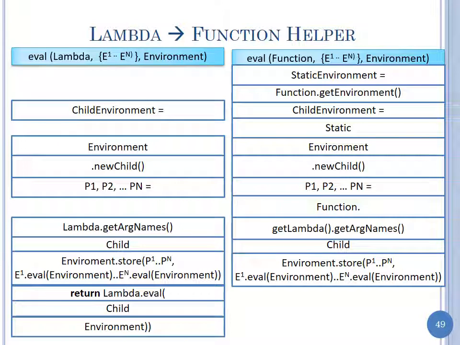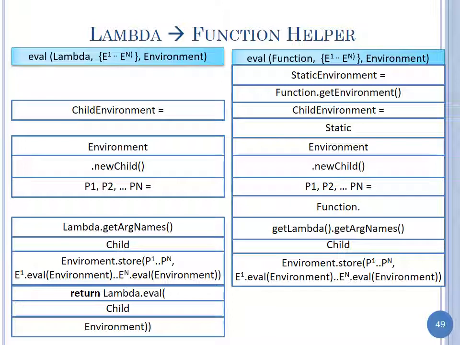And now we'll go and say, so we still need the parameters to associate with the actual values. So I will go and create, I will get the lambda from the function object.